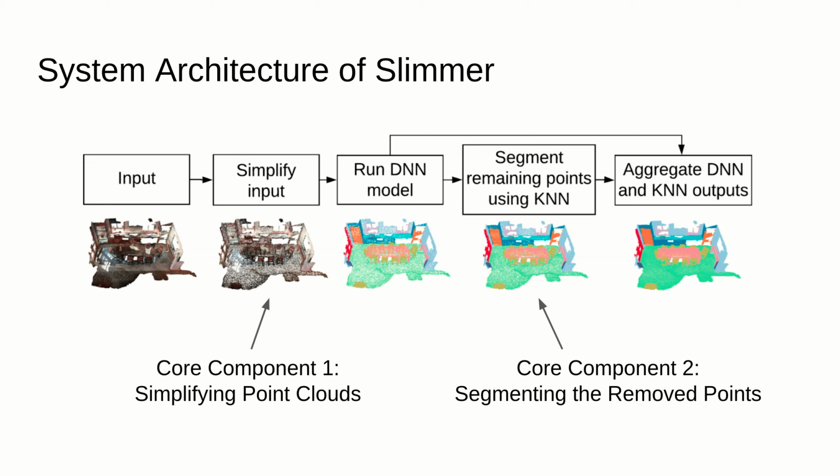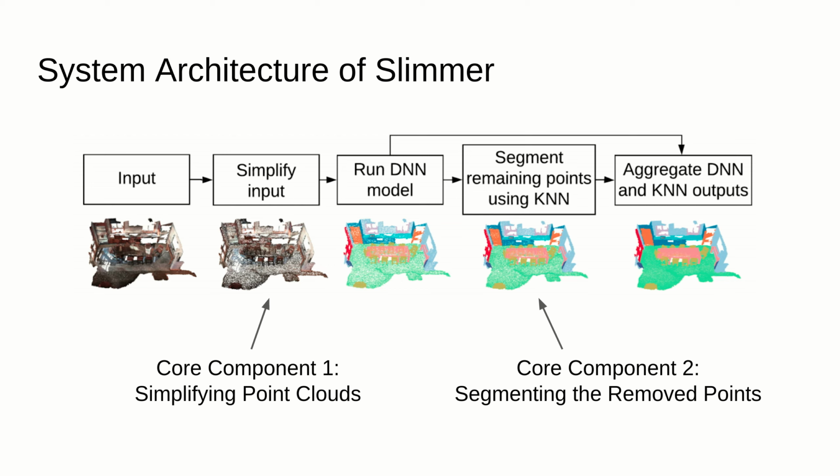This slide illustrates the system architecture of Slimmer. Instead of directly running the DNN model on the point cloud, Slimmer simplifies the point cloud and executes the DNN model on the simplified point cloud. After that, Slimmer segments the removed points using a KNN technique.